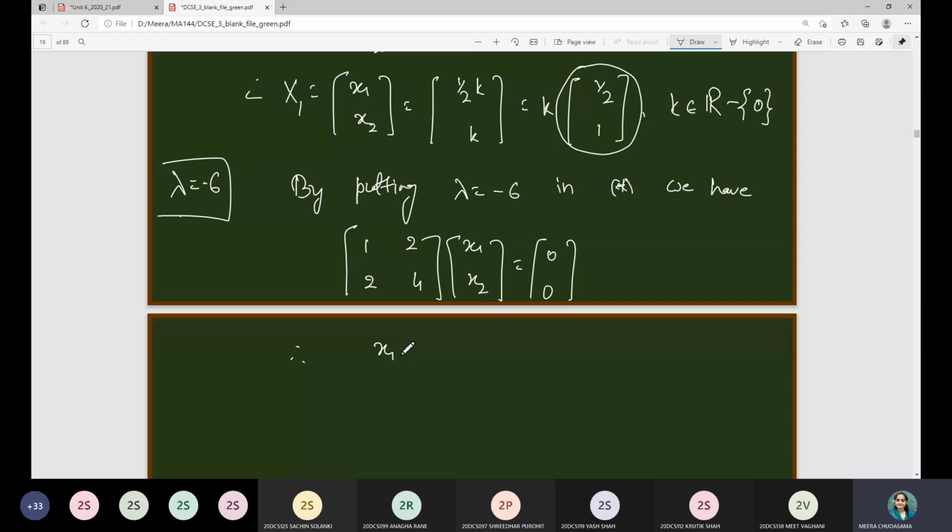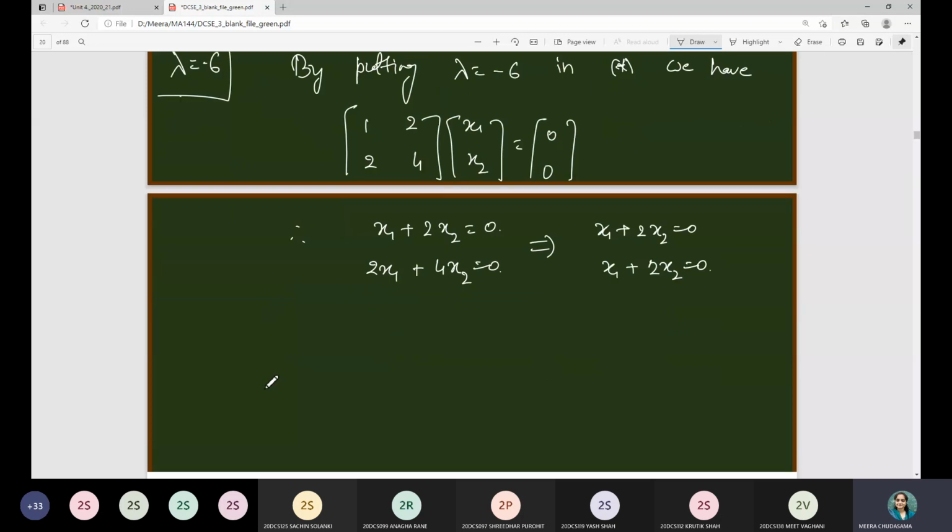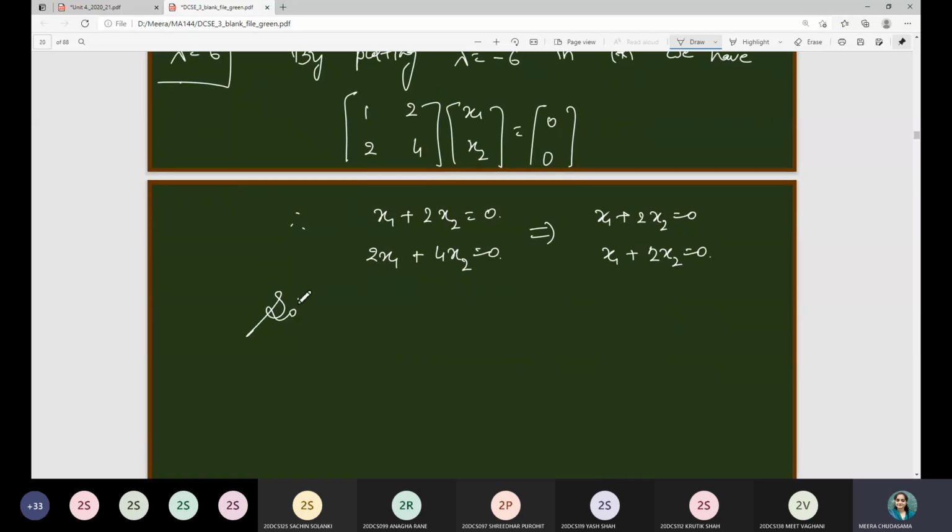Therefore x1 + 2x2 = 0. Another expression is 2x1 + 4x2 = 0. This is nothing but, again, both are the same expression if you take 2 common. So when you solve this equation, tell me what you will get.